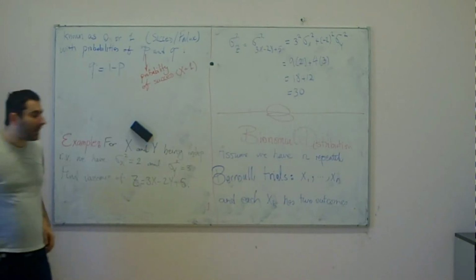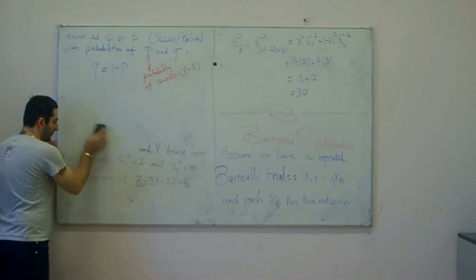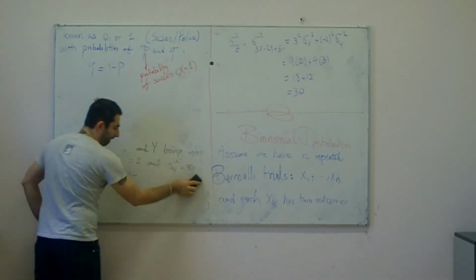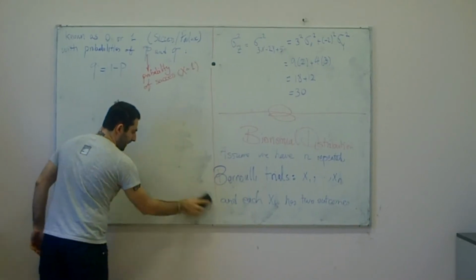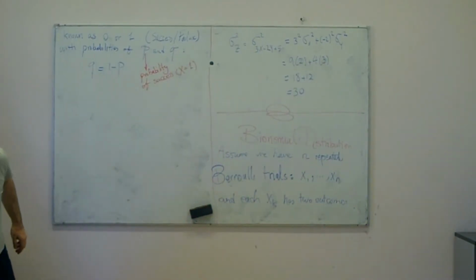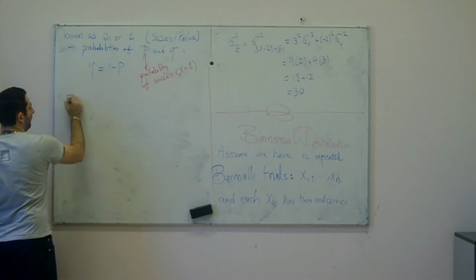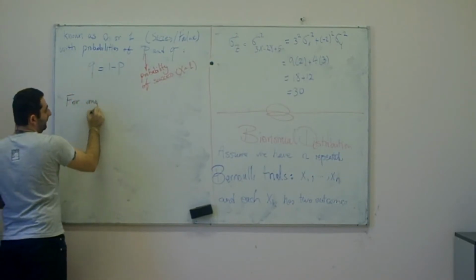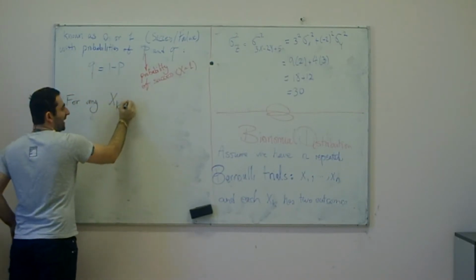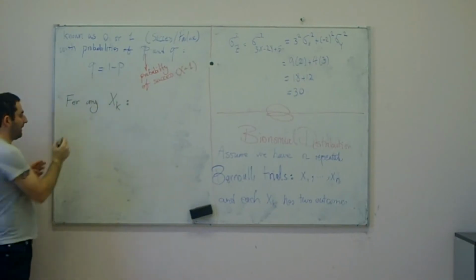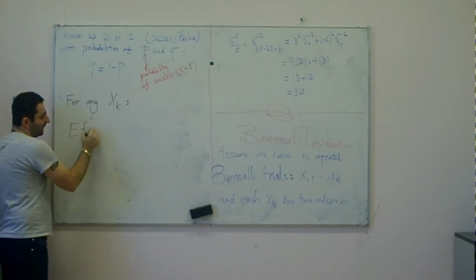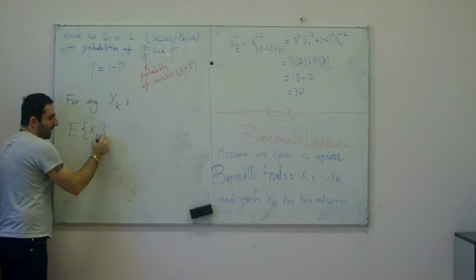So for this binomial distribution, for any xk, what is E of xk? What is the expected value of xk?